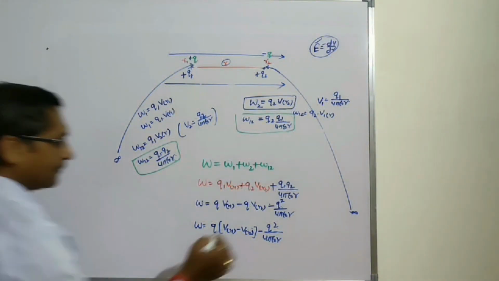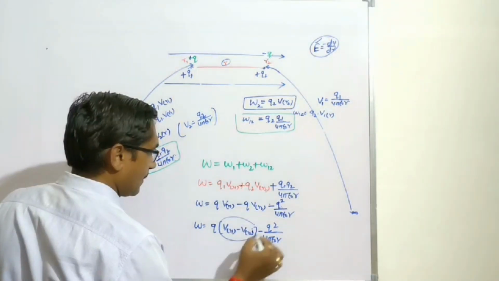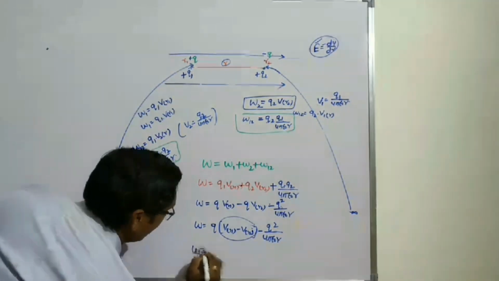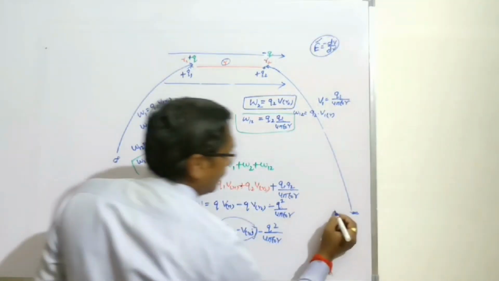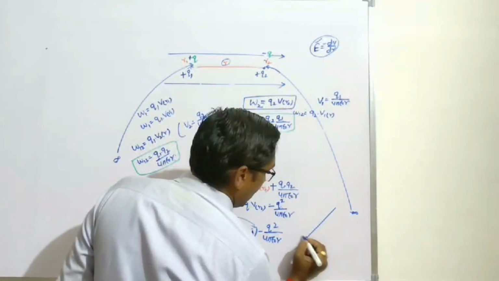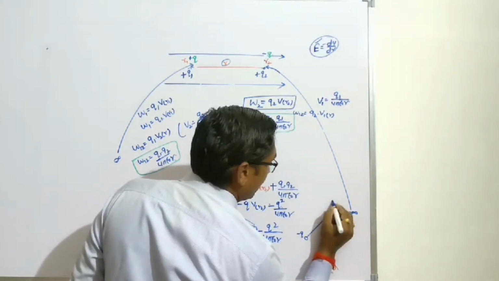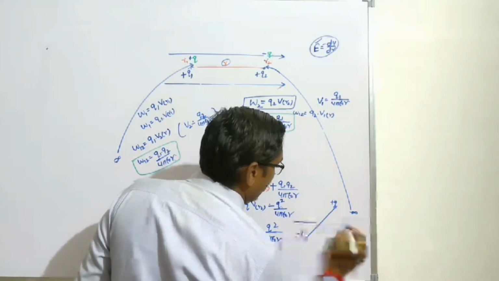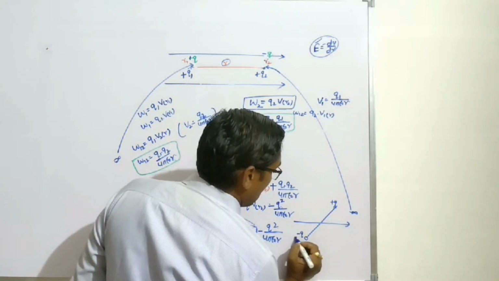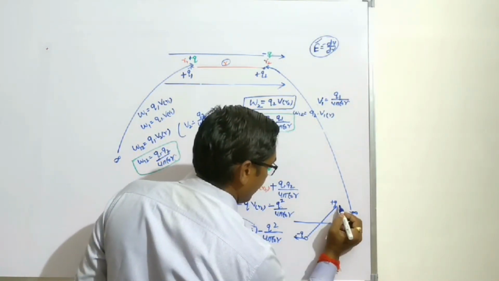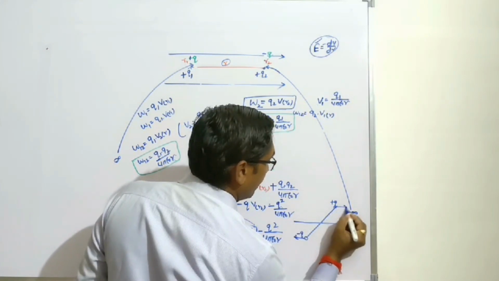Suppose it is minus Q and plus Q, and the electric field is there, right? So there is an attractive force here and a repulsive force here.